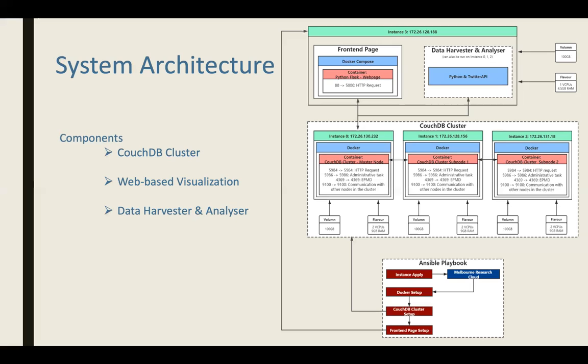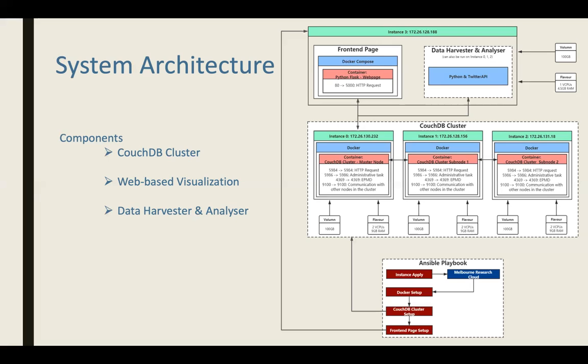Each node of CouchDB is deployed in a Docker container, and the volume is mounted to the disk of the system. And there were 100 GB of volume allocated to each instance so that we can maintain the data even if the instance crashes. Then we deployed our front-end page in a new instance called instance 3.